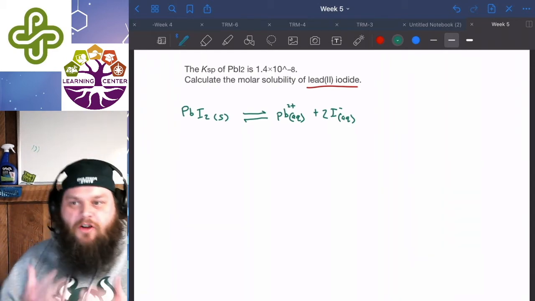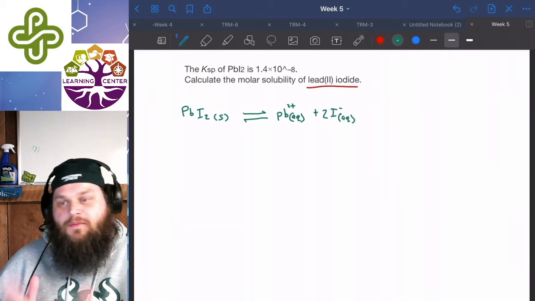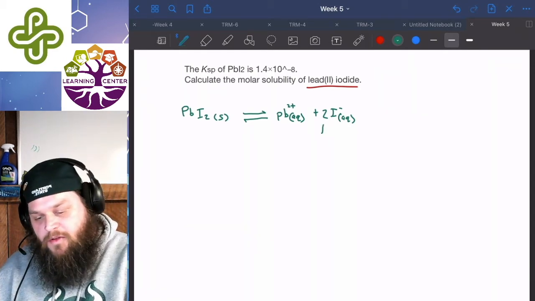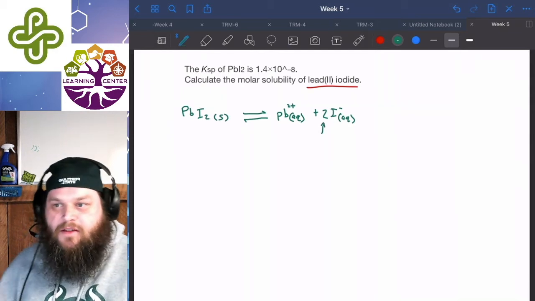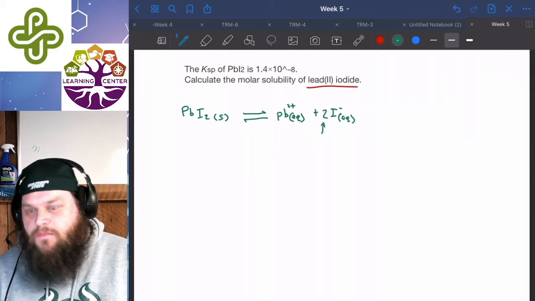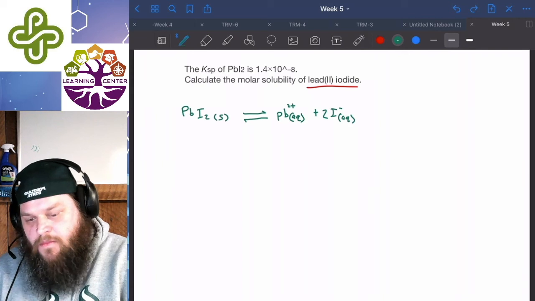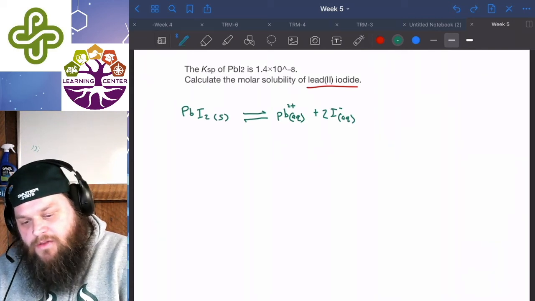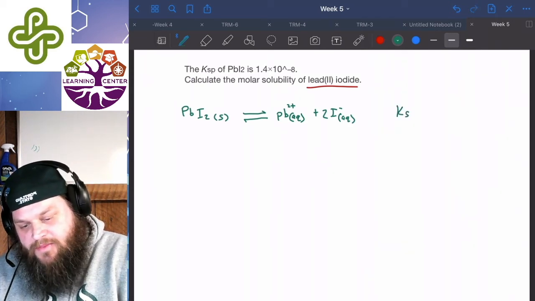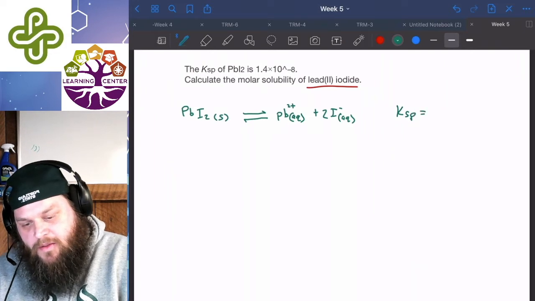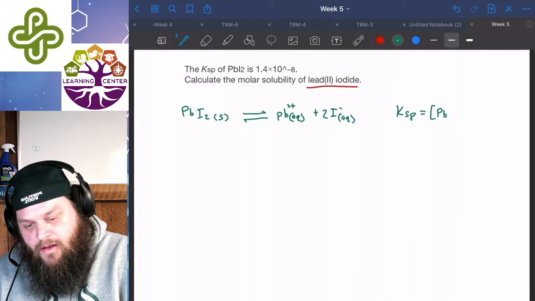So getting those charges right is useful because that helps you tell that the stoichiometric coefficient there is going to be a 2. So we know also that our KSP is going to be equal to the concentration of lead 2+ times the concentration of iodide minus squared.